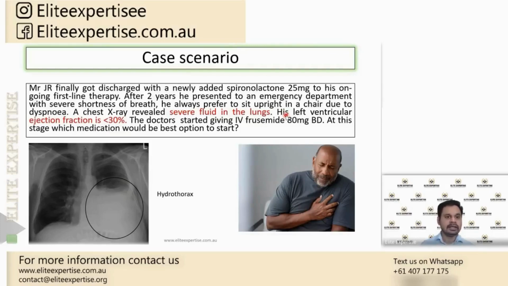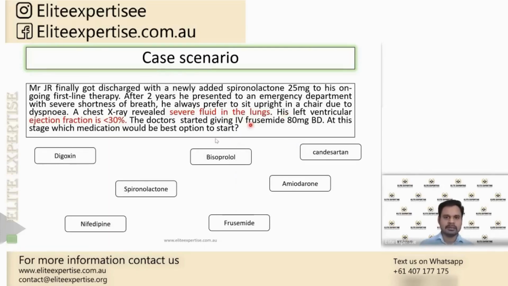And at this stage, if you want to recommend any medication, which medication do you recommend? Again, the same scenario is presented here, and at this stage, which medication would be the best option to start? We know that already the patient is on candesartan, bisoprolol, spironolactone, and he's also taking furosemide.